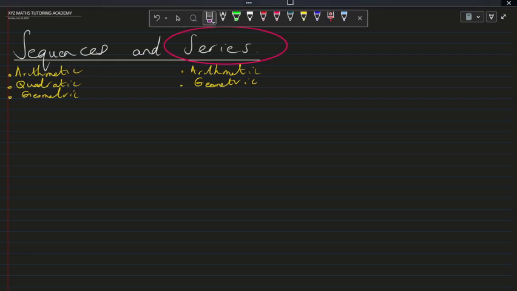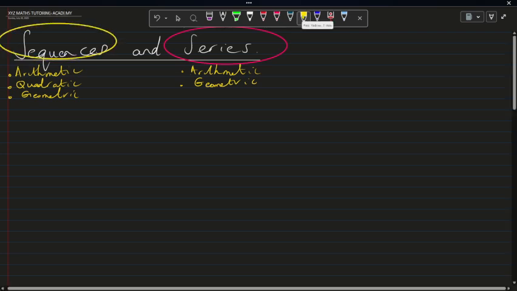Okay, so today we are continuing with sequences and series. We will recall that the last time we were talking about this topic, we covered the aspect of sequences. There we spoke about arithmetic sequences.